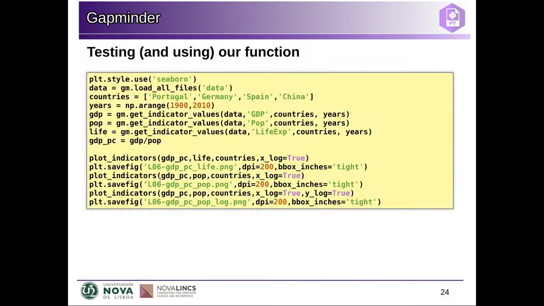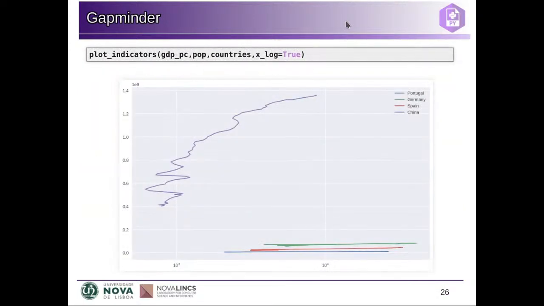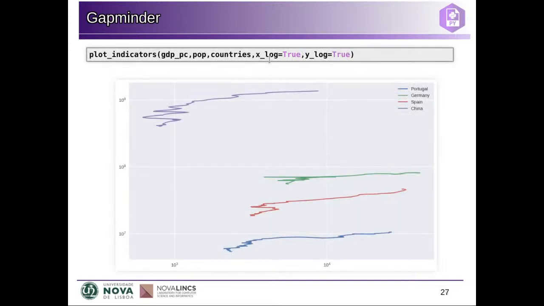We can also do GDP per capita and population, but with logarithmic scale on both axes. In this plot, you see that you have China here with a huge population, and you can hardly see all the other countries. So if you add an option to get everything in logarithmic scale, then it's easier to see the differences.